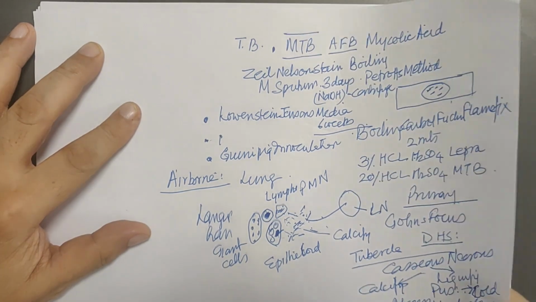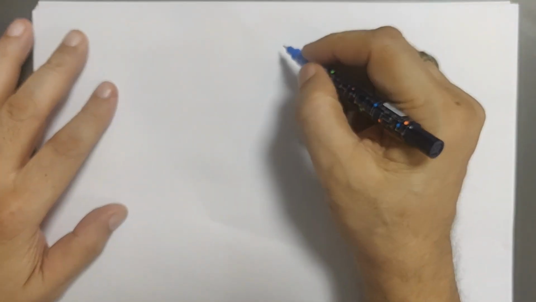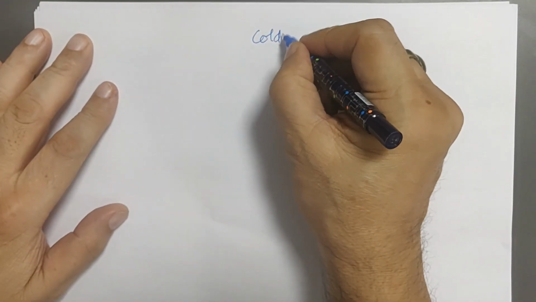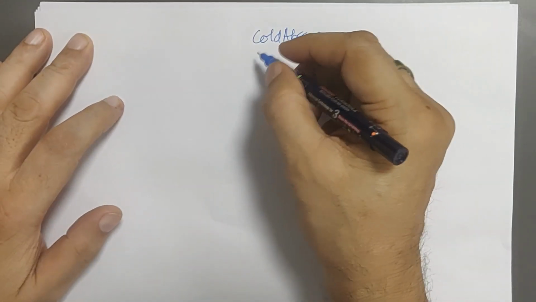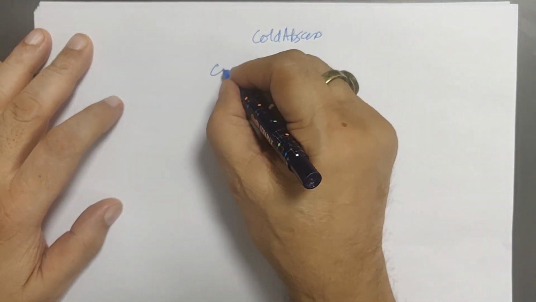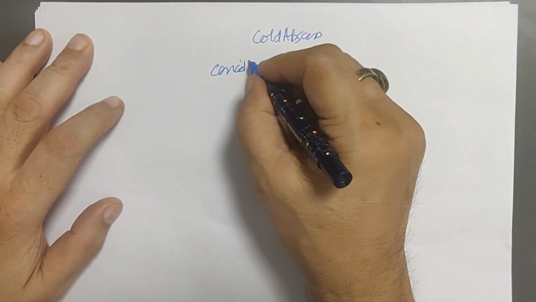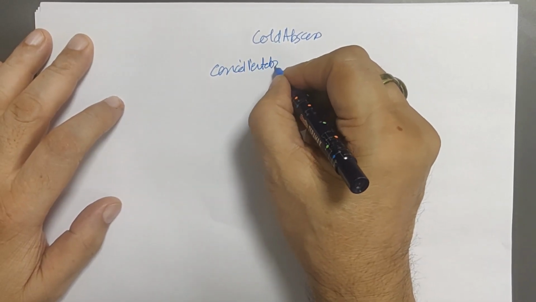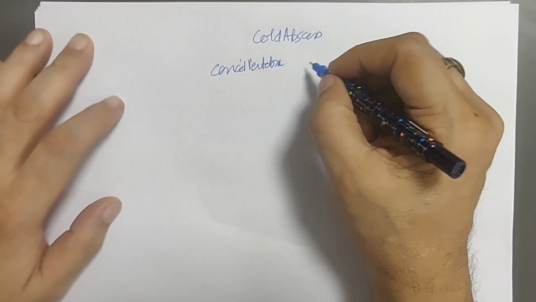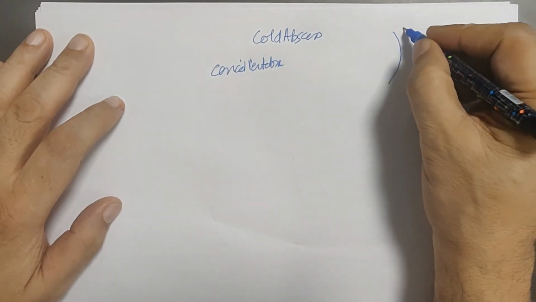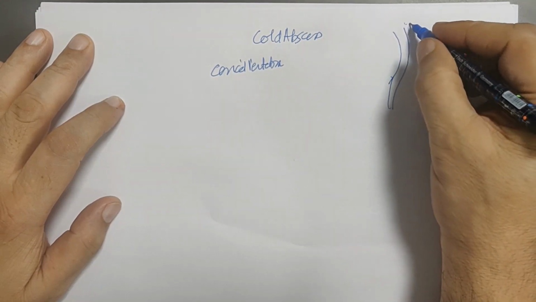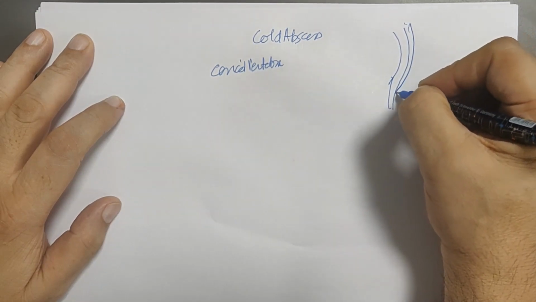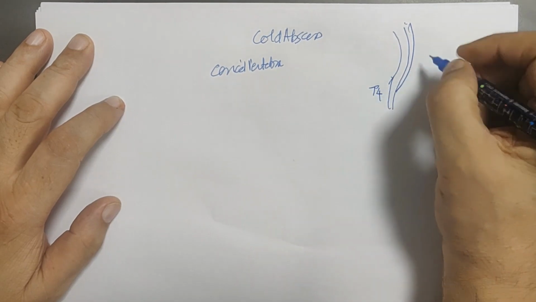So we will now outline the muscle planes that the cold abscess can track down, and they are from the cervical vertebra, behind the prevertebral fascia. This is the cervical spine. The prevertebral fascia is attached to the T4 body.